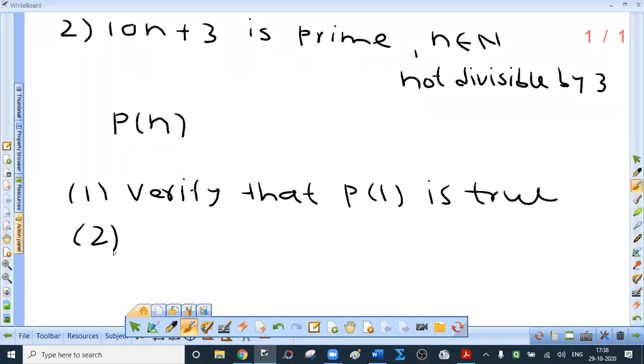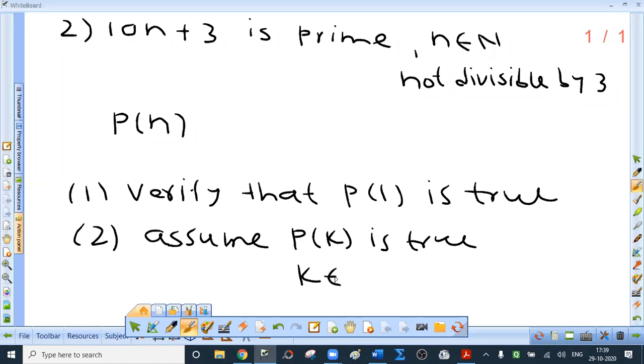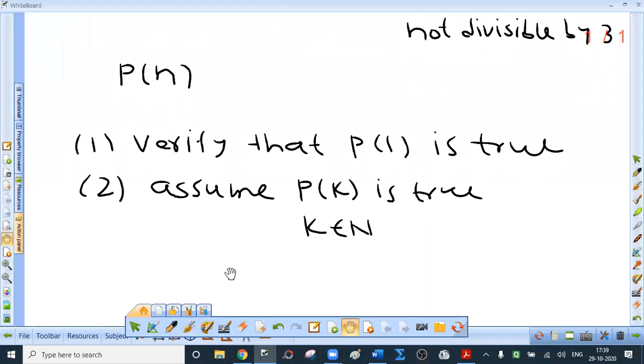Then we assume that P of k, in the second step we assume that P of k is true. What is k? Of course, k has to be a natural number. So assuming that result is true for P of k, we prove that P of k plus 1 is true.